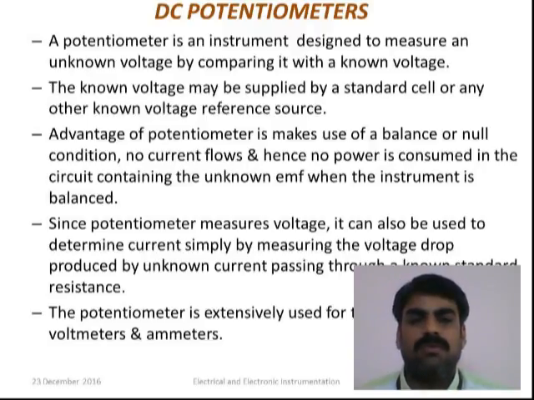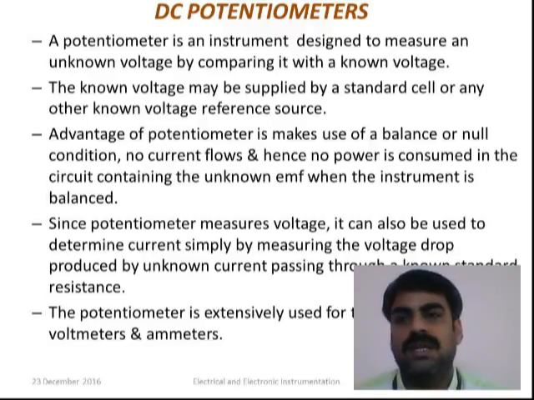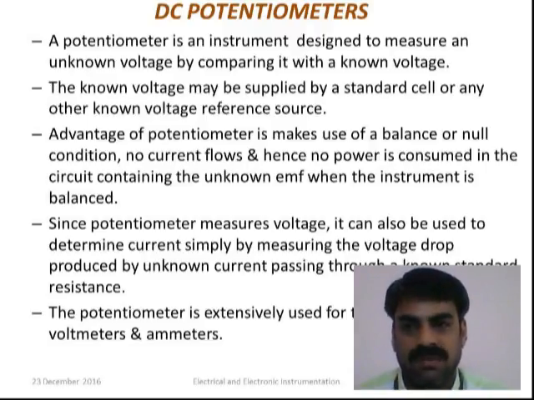Before getting into detailed discussion on the DC potentiometer, we will see what is the necessity of potentiometers first. A potentiometer is an instrument designed to measure an unknown voltage by comparing it with a known voltage. Because of this, it can be used to calibrate voltmeters, ammeters, wattmeters, and even energy meters. We will see these applications later.